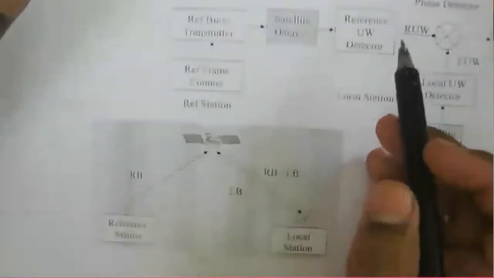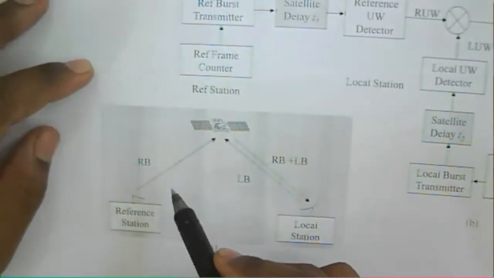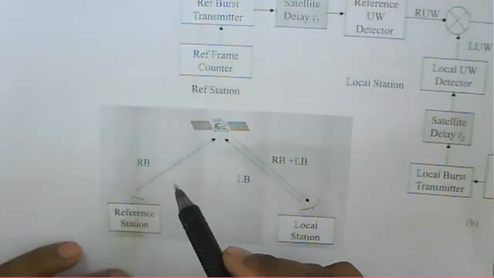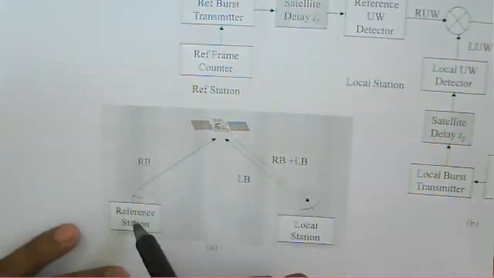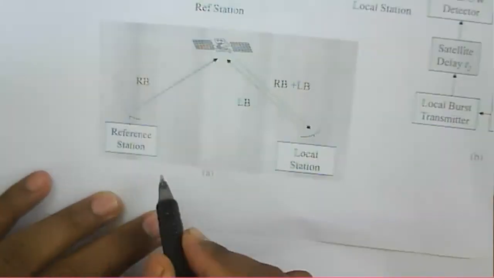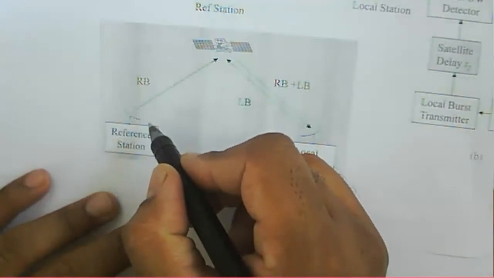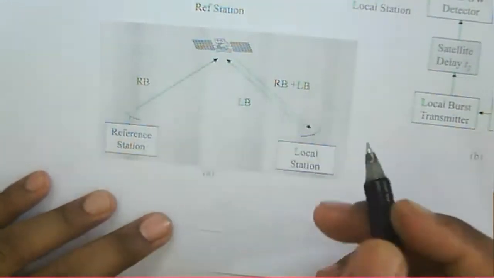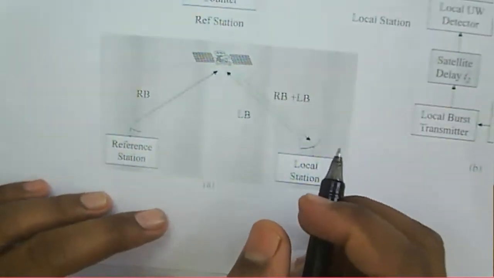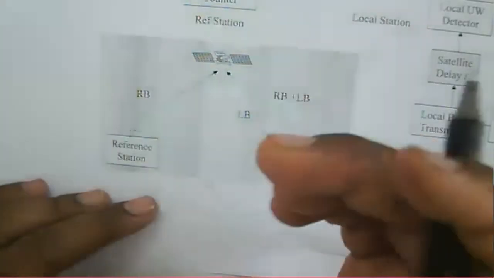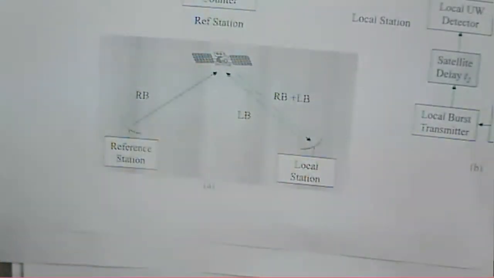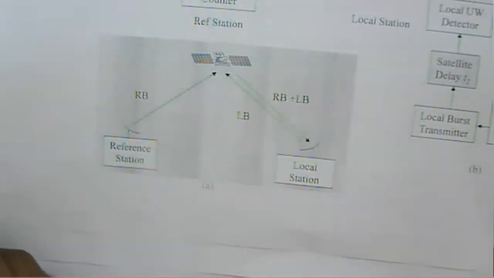So you can consider that if we have a reference station, and this one is a local station, then synchronization is done after the acquisition of a pulse that is detected for a particular frame.